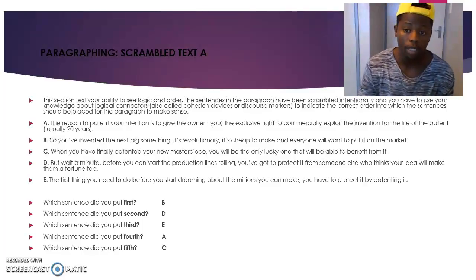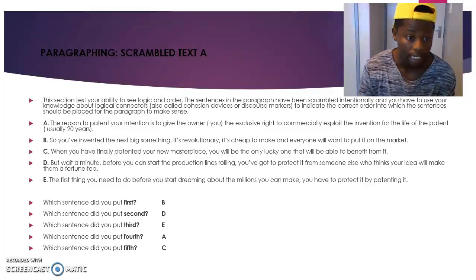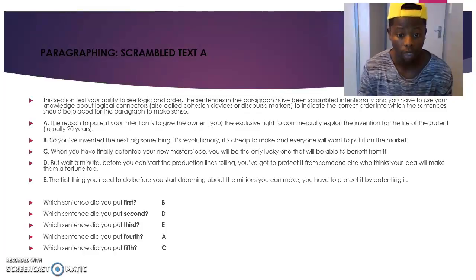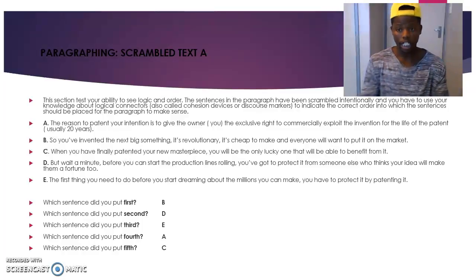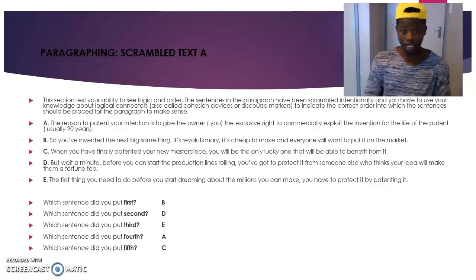Now, the following one will be number D, which says, but wait a minute, before you can start the production lines, you've got to protect it from someone else who thinks your idea will make them a fortune too. Now, you can see that there is a relationship between those two sentences. You have an idea already of what it is talking about.